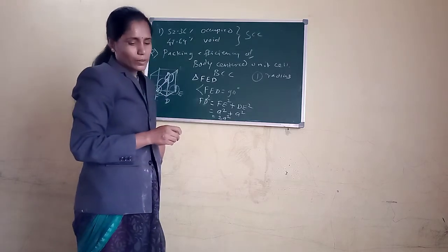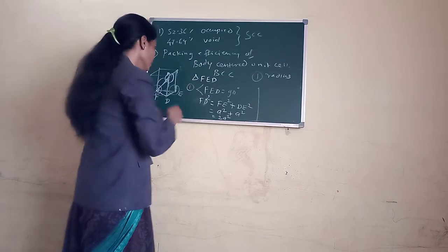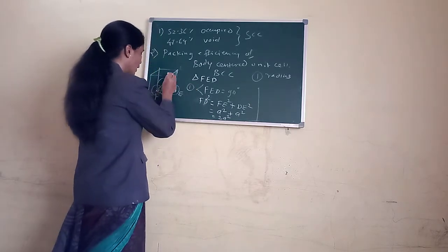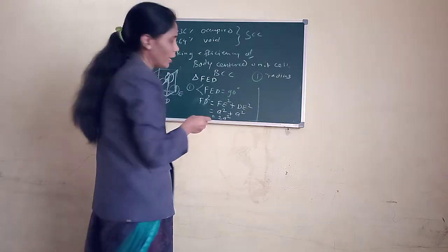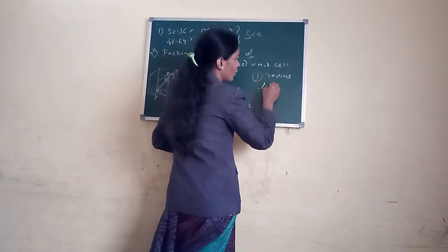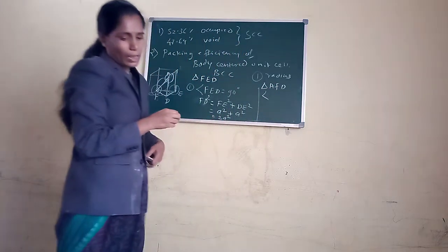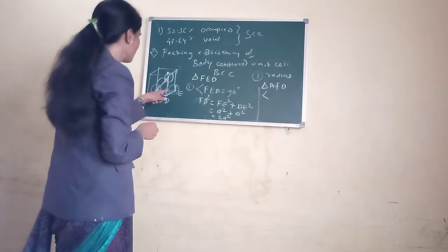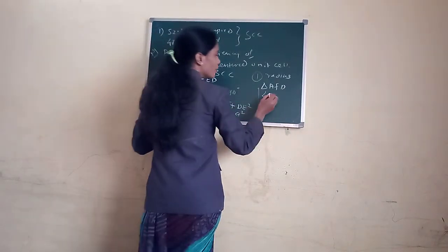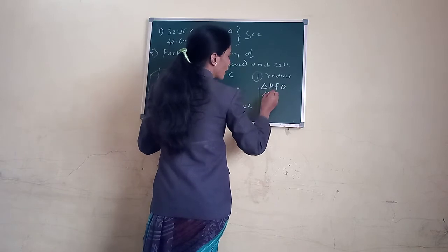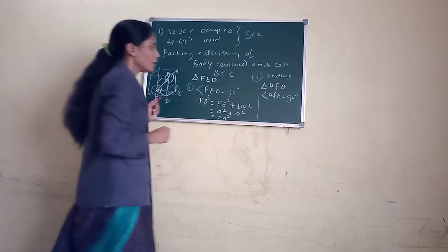Twice a square. This is the first triangle; again, another triangle, AFD. In triangle AFD, the angle at F is 90 degrees, means angle AFD is 90 degrees.